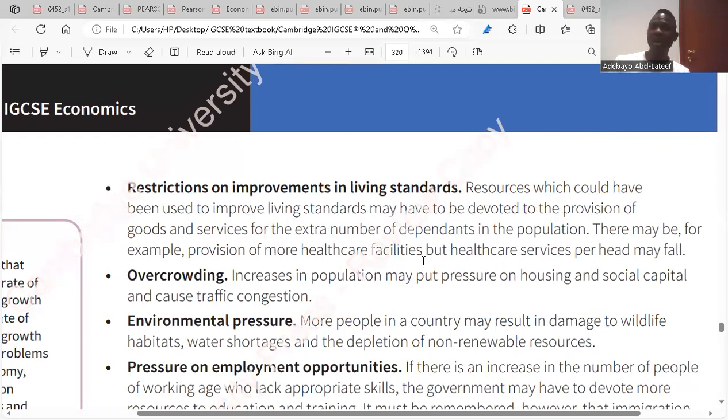If the population is increasing at a higher rate than agricultural output, there's not going to be enough food for people to eat. That is farming. Starvation is not good for the economy.